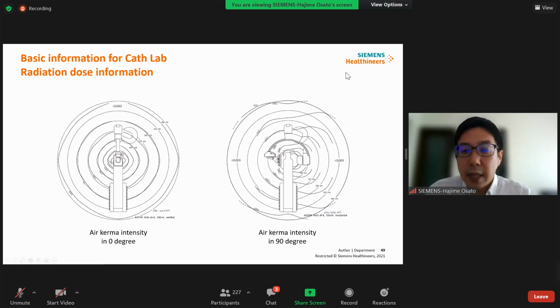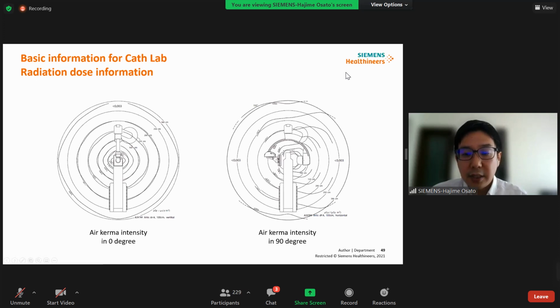All right. This is important knowledge for dose reduction for the staff. For example, when a nurse wants to approach the patient, they should avoid standing on the tube side. The nurse has to approach from the detector side, due to the air kerma intensity.